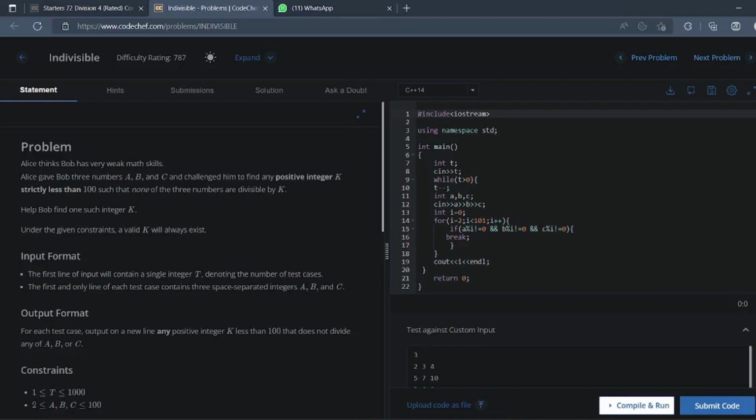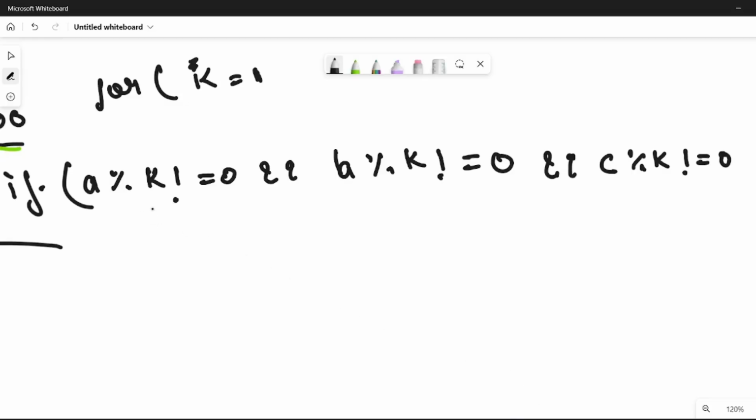Our k starts from 2, because a, b, c start from 2. We'll start our loop from 2, because 1 divides every number, so we don't have to check 1, and there is no need for checking 0. So we are starting our loop from 2.